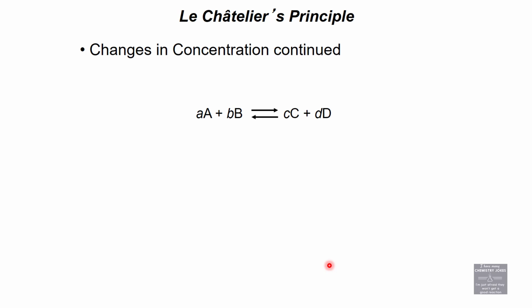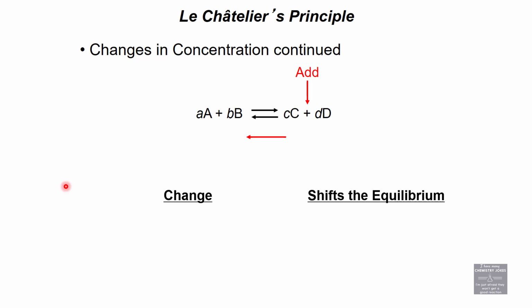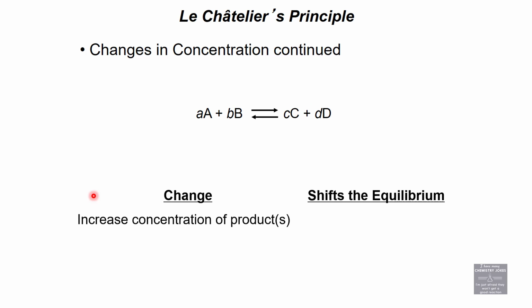So let's see what that means for other reactions. If you have a simple, standard, generic reaction, anytime you add products, the reaction will respond by trying to consume the extra products you added, which means creating more reactants. It will always shift left toward reactants, okay?